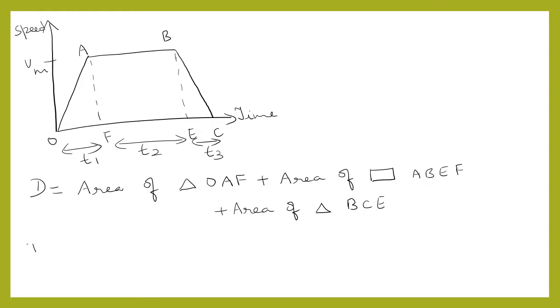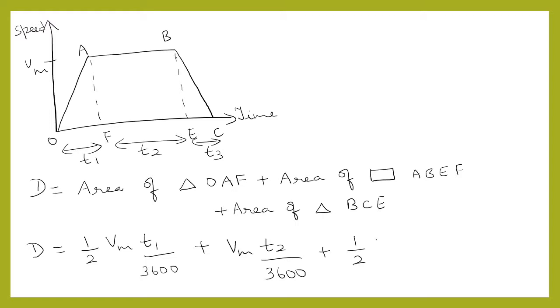So D is given by the equation half Vm into T1 by 3600 plus Vm T2 by 3600 plus half Vm T3 by 3600.